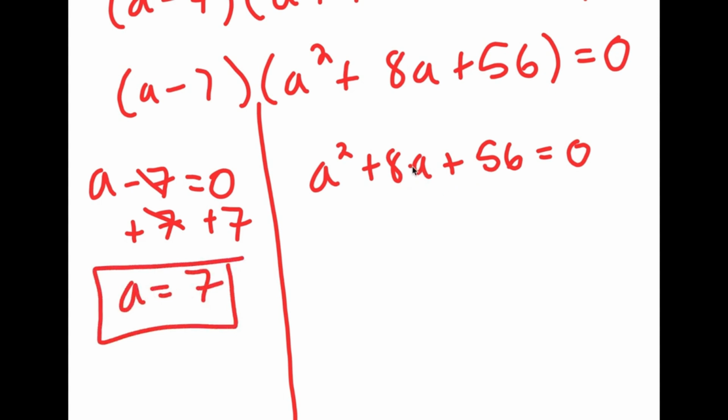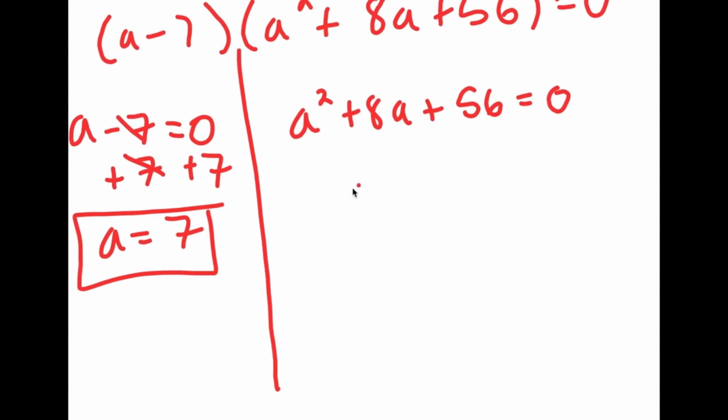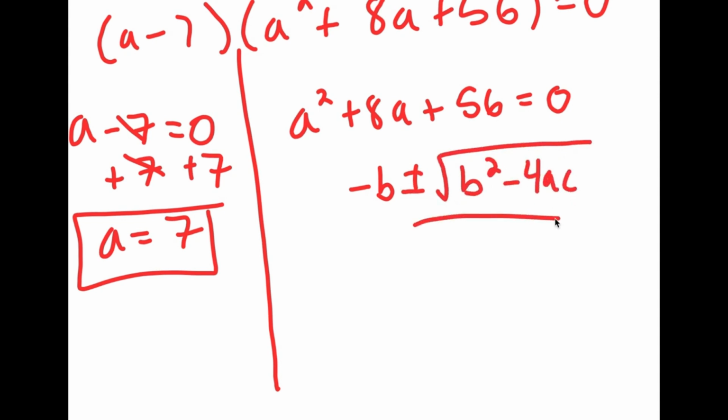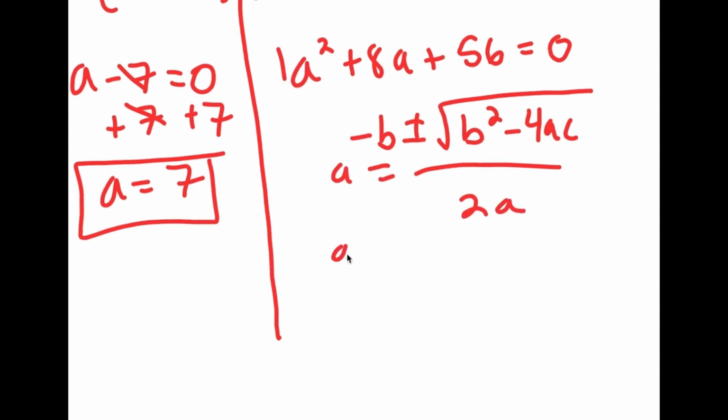And for a squared plus 8a plus 56 is equal to 0, I can use the quadratic formula, which is negative b plus or minus the square root of b squared minus 4ac all over 2a. So in this case, a is 1, b is 8, and c is 56.